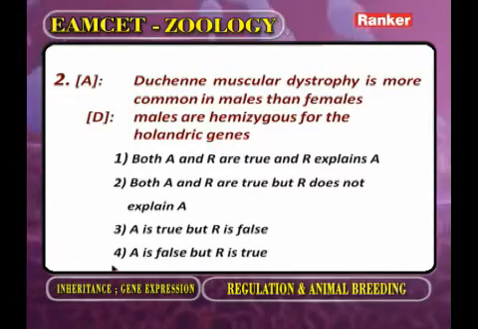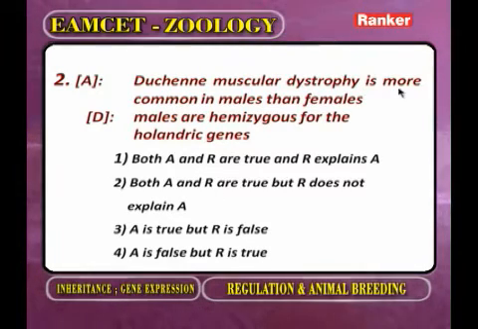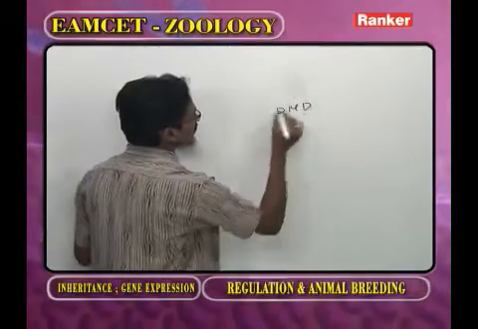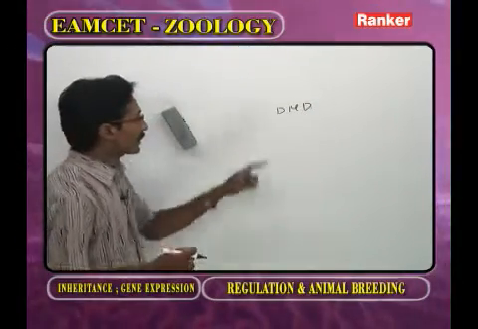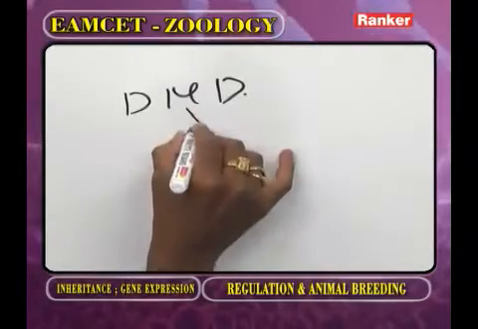Assertion: Duchenne muscular dystrophy is more common in males than females. Now Duchenne muscular dystrophy, the short word is DMD. It is a disease.